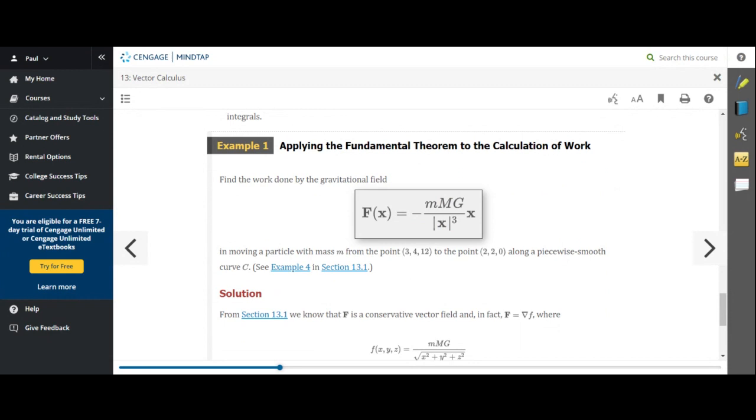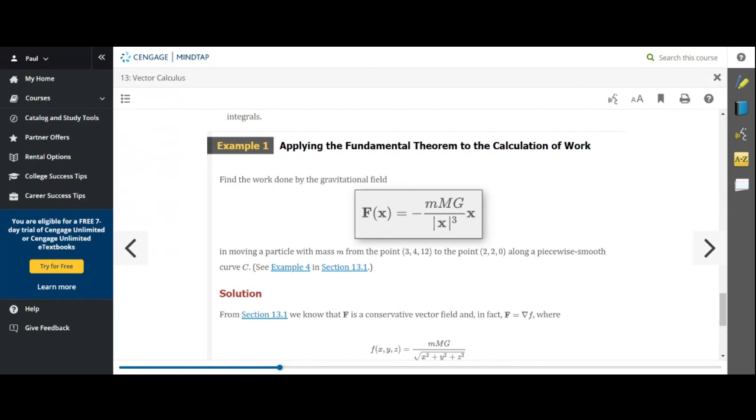Okay, so it is clear that some of our most important vector fields in life are conservative vector fields. Thank goodness, right? The gravitational field is an example of that.